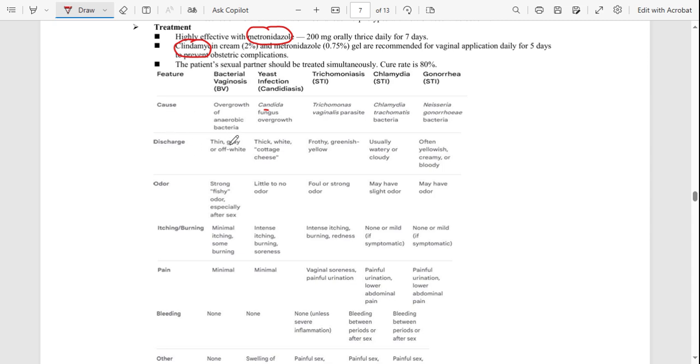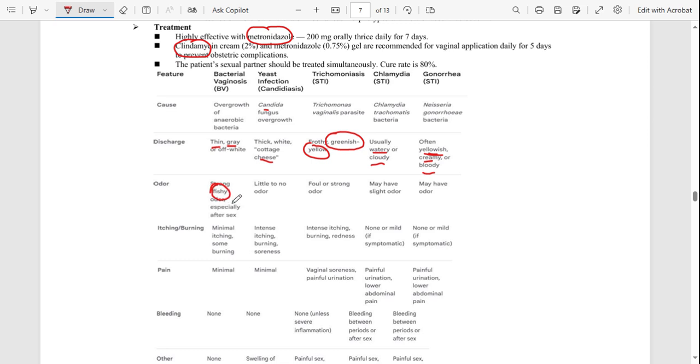The discharge in BV is thin, grayish white. In candidiasis, it is thick white, like cottage cheese. In trichomoniasis, the discharge is greenish yellow. Please take note. In chlamydia, it is usually watery or cloudy, and in gonorrhea, it is yellowish, creamy, or bloody.